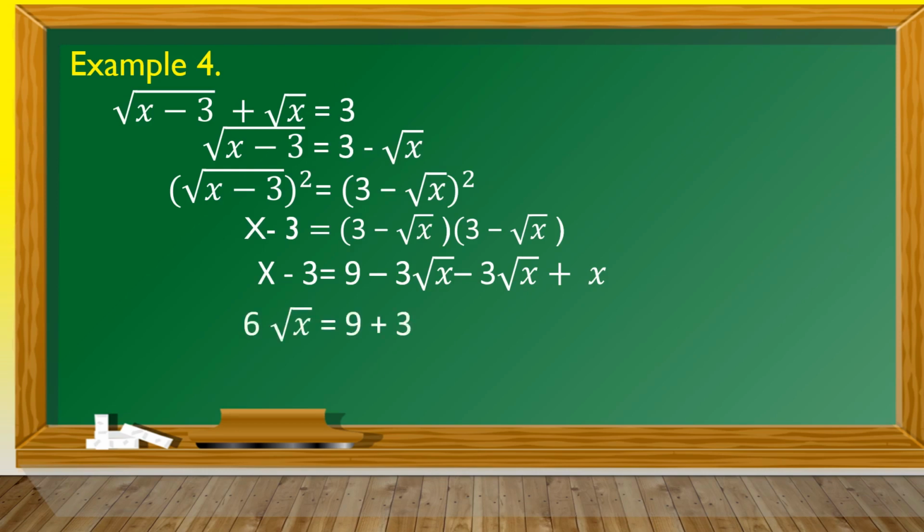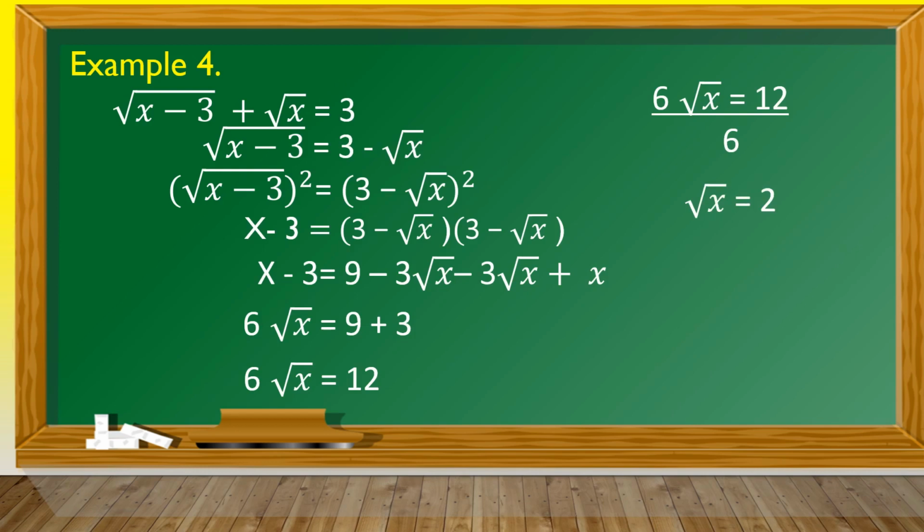Then, combine like terms and apply addition property of equality. The result is 6 square root of x equals 9 plus 3. Then, 9 plus 3 equals 12. So, 6 square root of x equals 12. Divide both sides by 6.